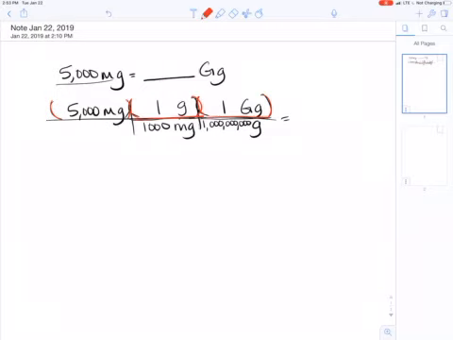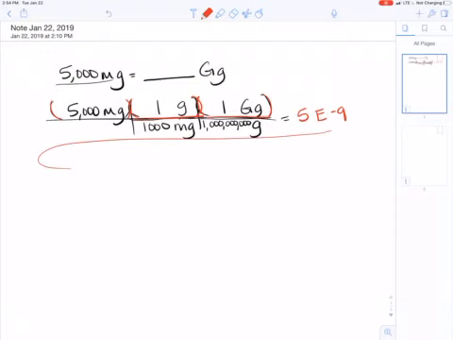Okay, so if you multiply 5,000 by 1, you just get 5,000. If you divide that 5,000 by 1,000, you get 5, right? Then if you go up here and you multiply by 1, you get 5 again. And then if you divide by 1 billion, you get, well, in my calculator, it says 5e negative 9. So what does that mean?